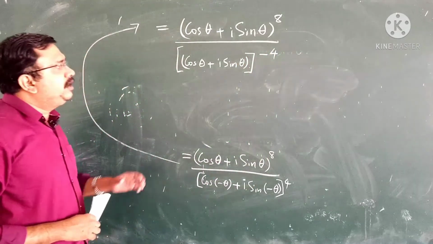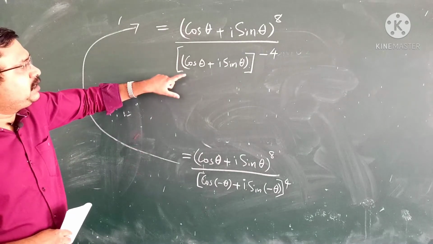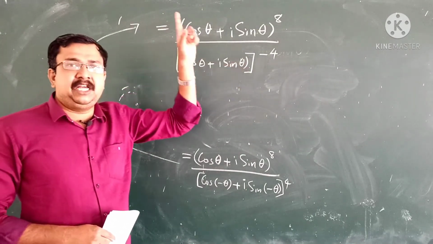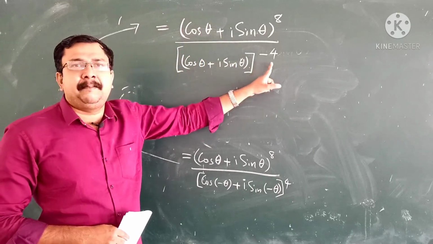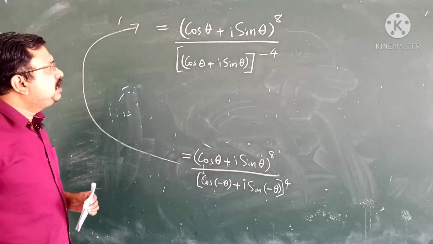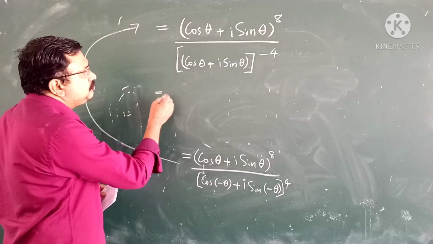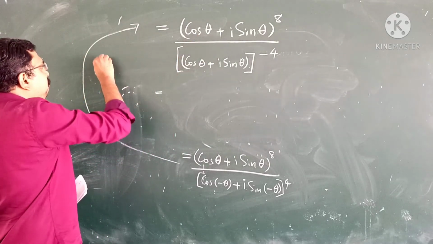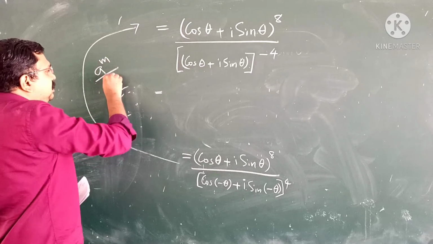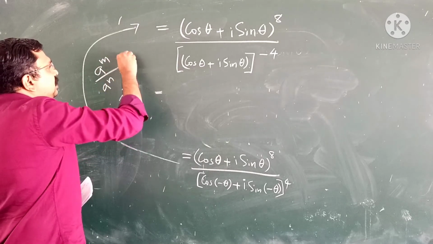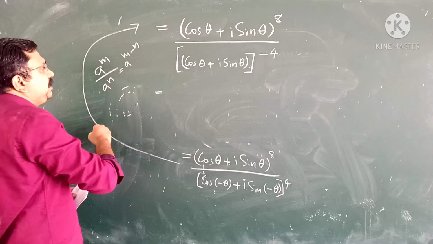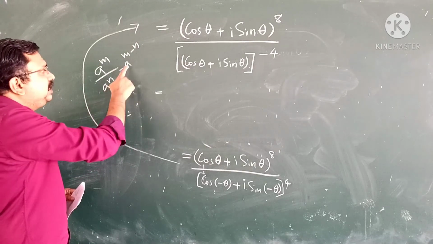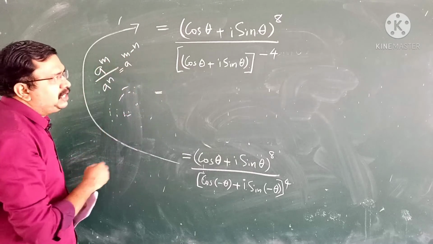Next, this is of the form a^m divided by a^n, which is equal to a^(m−n). Remember that a^m divided by a^n is a^(m−n).